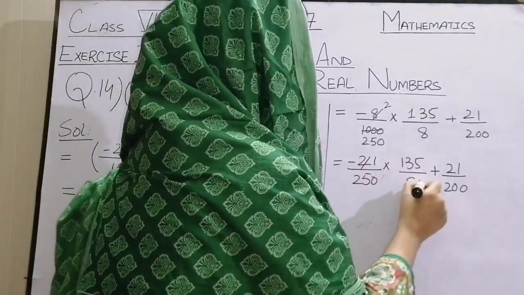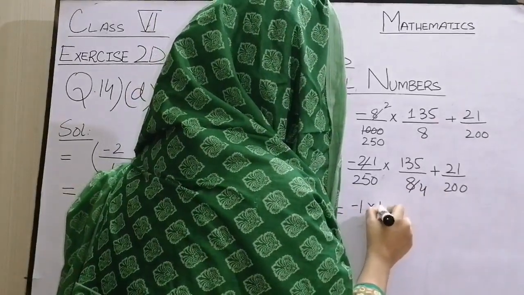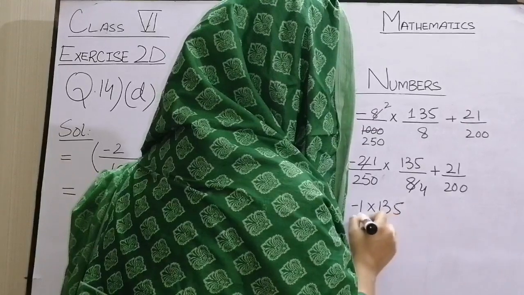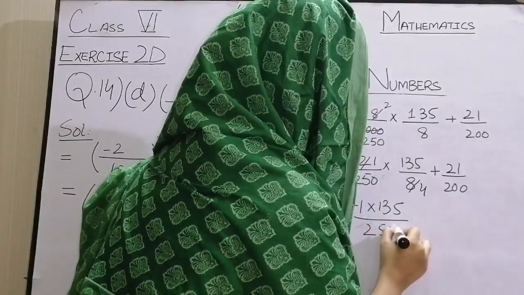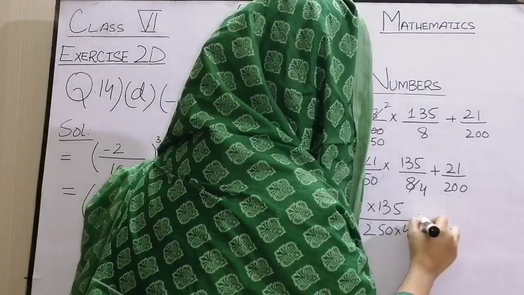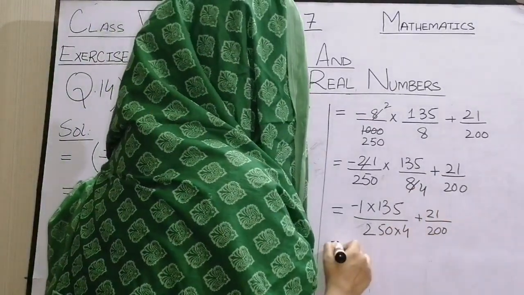2 1s are 2, 2 4s are 8. So minus 1 into 135 over 250 multiplied by 4 plus 21 over 200.